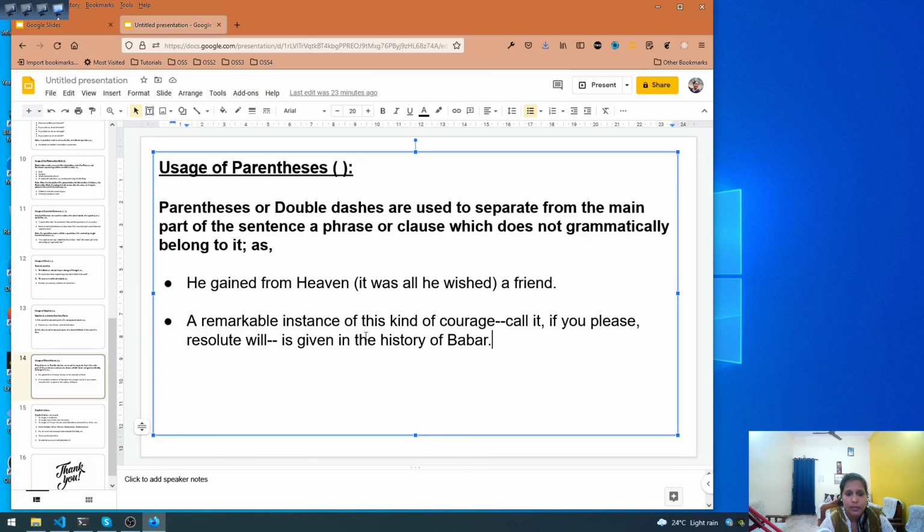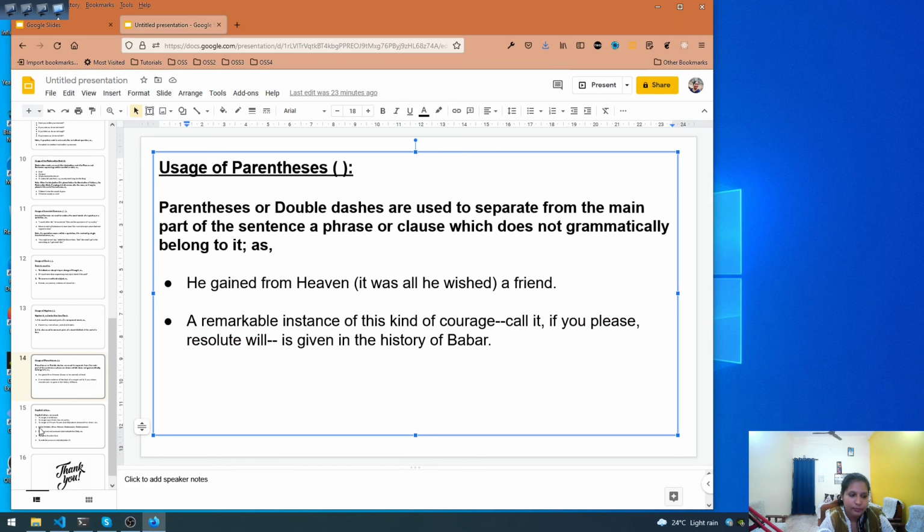A remarkable instance of this kind of courage is given in the history of Babur, and what extra has been mentioned in this sentence inside the bracket is, call it, if you please, resolute will, meaning willpower.